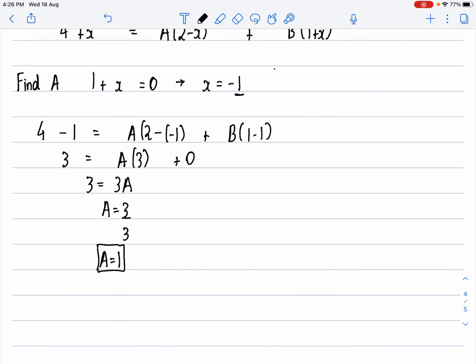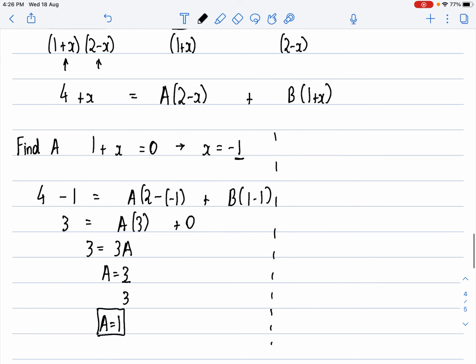Agreed? Now what I can simply do is I can find my b in the same way. But now for b, I need the part here to be equal to 0. So I need 2 minus x to be equal to 0, which gives me my x equals to 2.